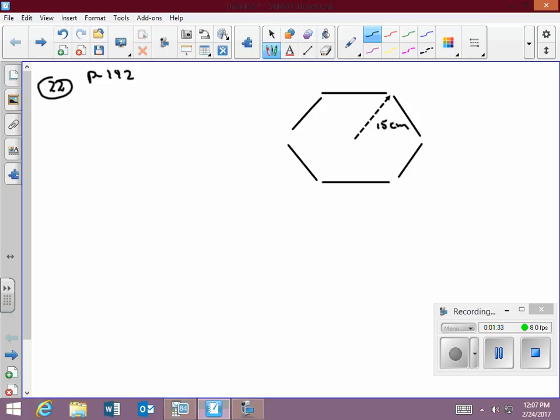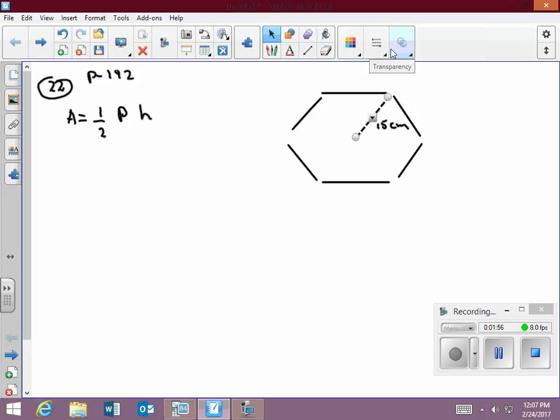Now, the formula for the area is 1/2 the perimeter times the height. I forget what they call it, it isn't the word height, but it's this distance right there.